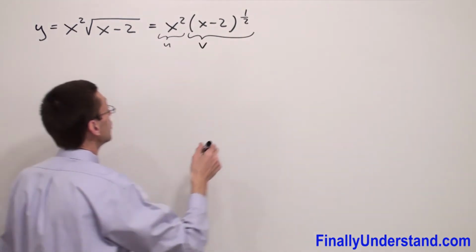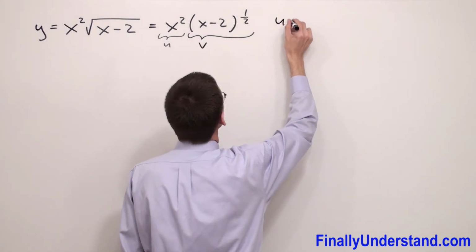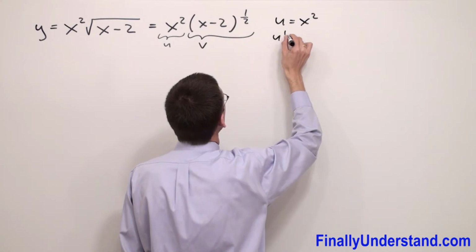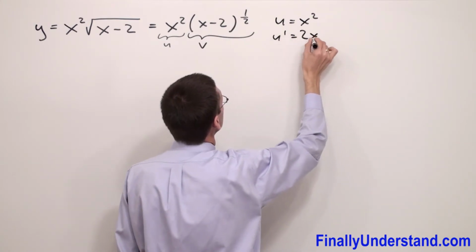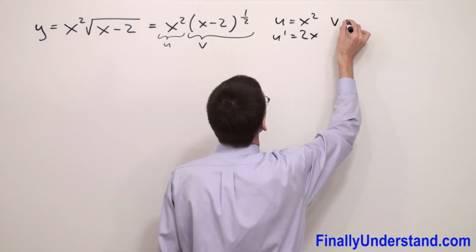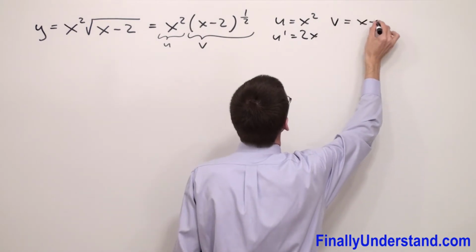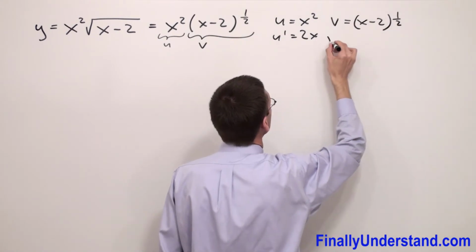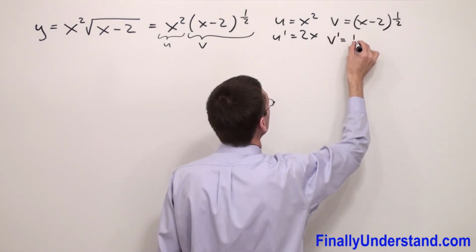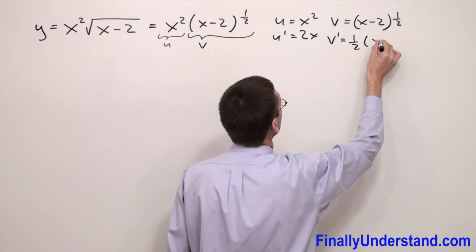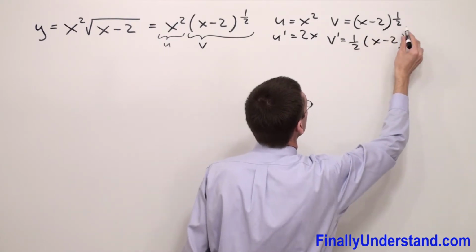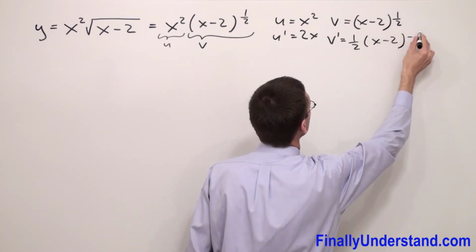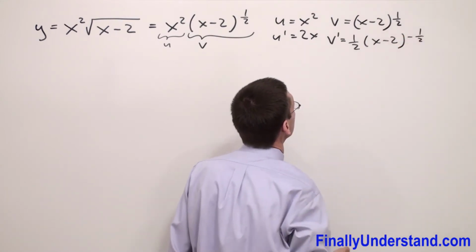So I'm supposed to simply write that u is equal to x squared. u prime is equal to 2x. v is equal to (x minus 2) to power 1/2. v prime is equal to 1/2 (x minus 2), and 1/2 minus 2 over 2 will give me negative 1/2.